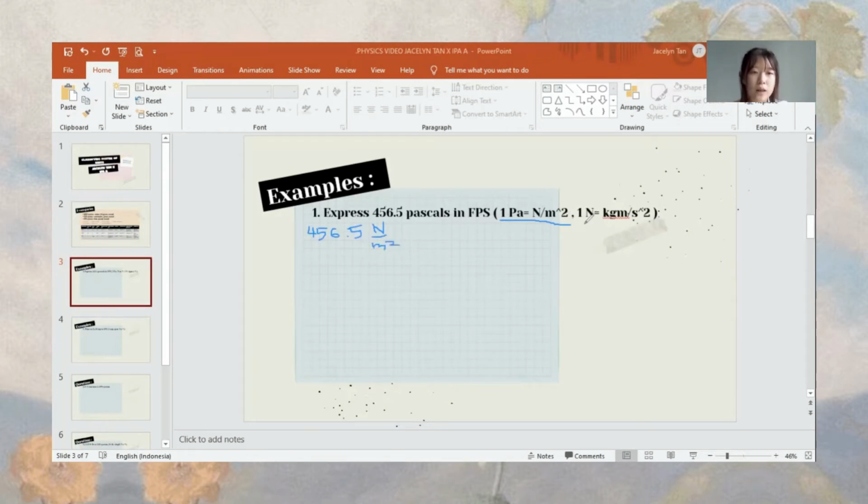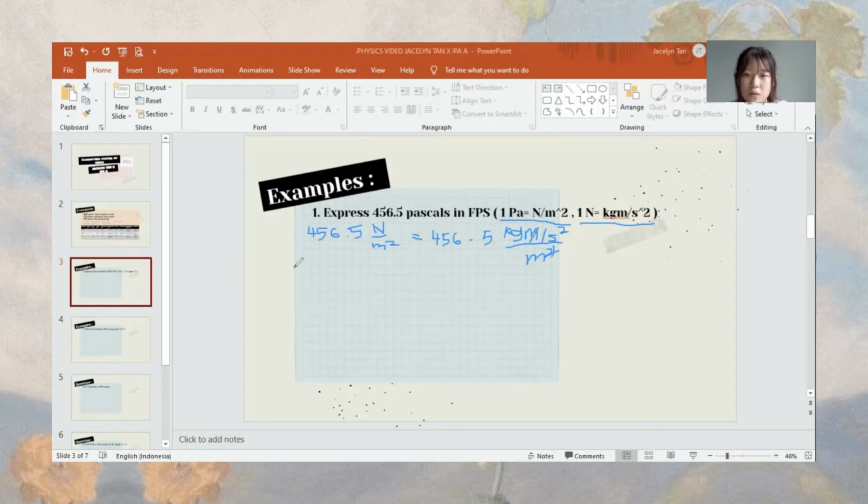And we know that 1 Newton is equal to kilogram meter per second squared. So we can write it as 456.5 kilogram meter per second squared over meter squared. So we can cancel the meter.